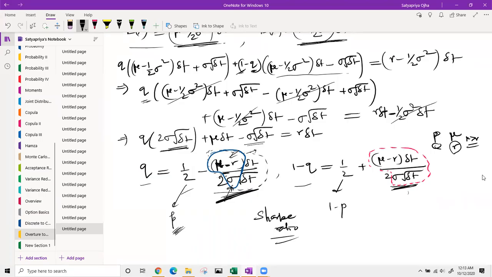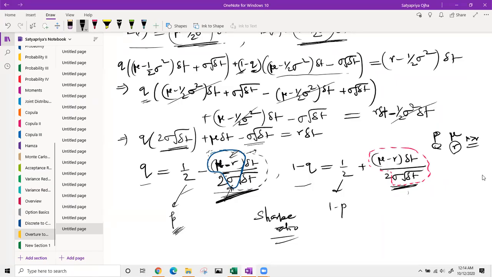So before we, is there a mistake? Minus half in 1 minus. Oh, it should be minus half.